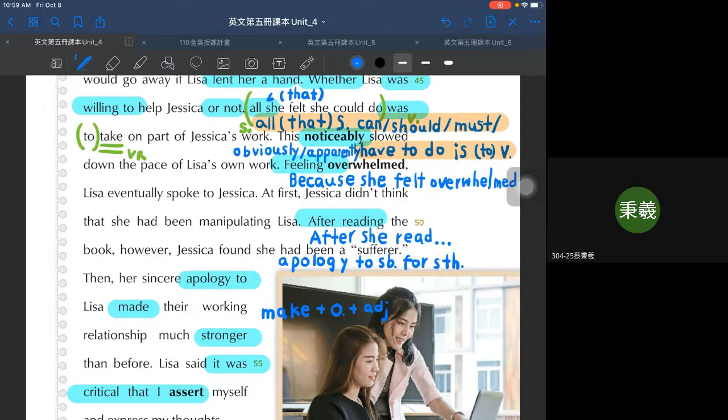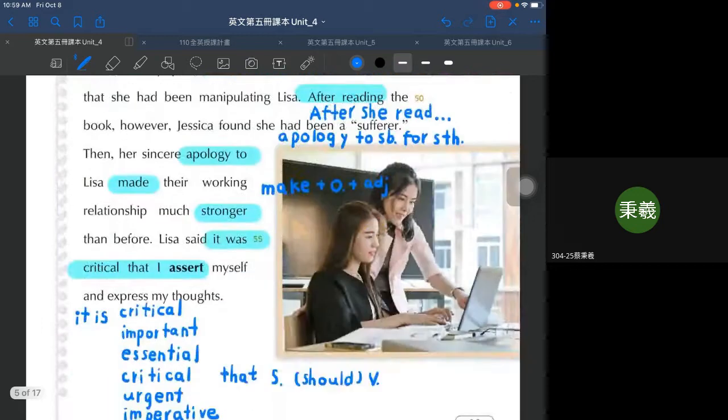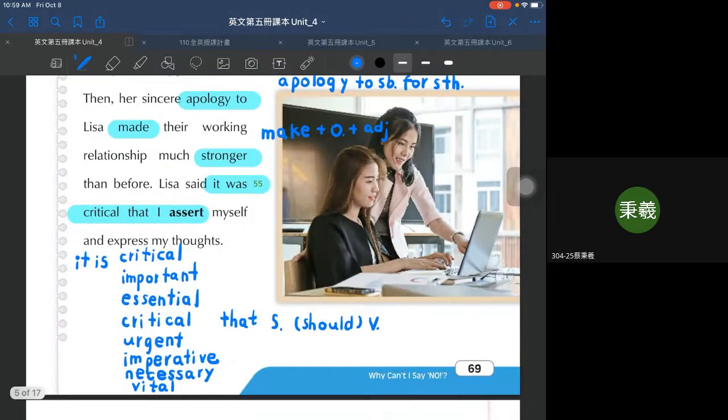And then Lisa said, it was critical that I assert myself and express my thoughts. This is the last sentence pattern here. It says, it is critical that someone should do something. If you still remember, there are some verbs you can use: someone suggests that someone should do something, or someone demands that someone should do something. The sentence behind will be like an imperative sentence. You set the order to ask someone to do something. And these adjectives are quite the same, which means you ask those people to do something for sure, just like you are giving an order.